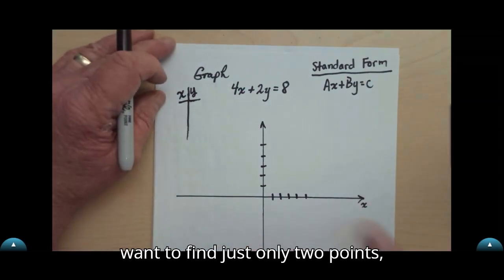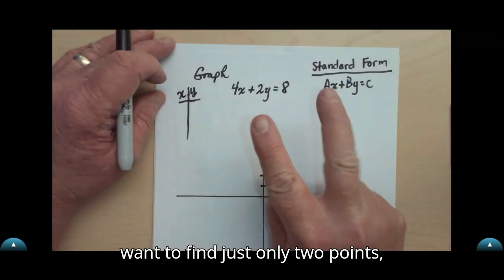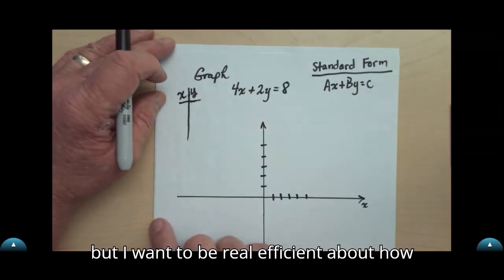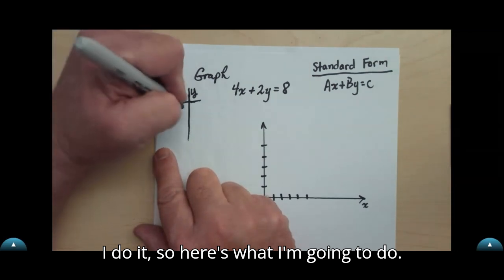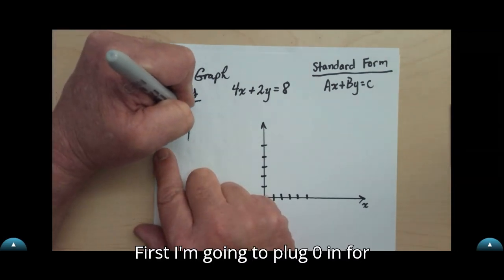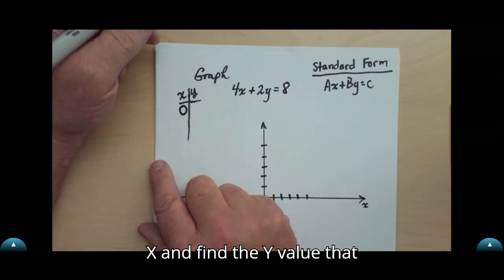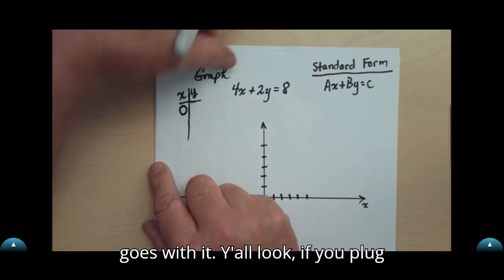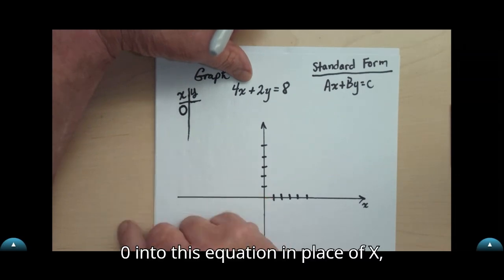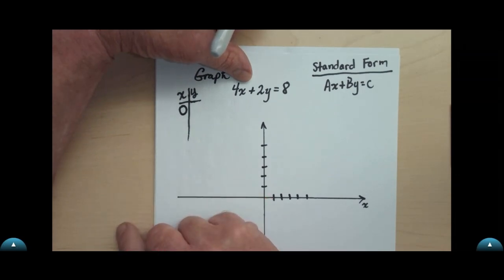I want to find just only 2 points, but I want to be real efficient about how I do it. So here's what I'm going to do. First, I'm going to plug 0 in for x and find the y value that goes with it. Y'all look, if you plug 0 into this equation in place of x, what are you going to get for y?